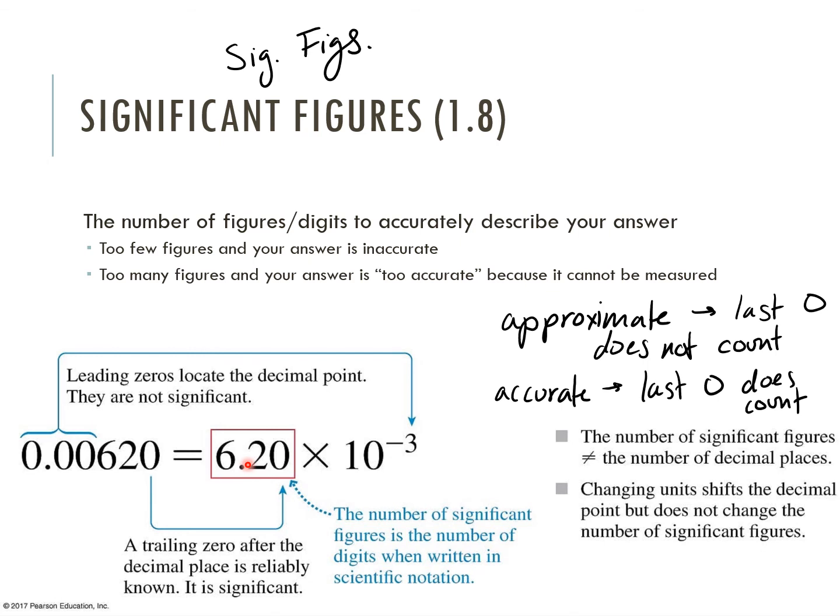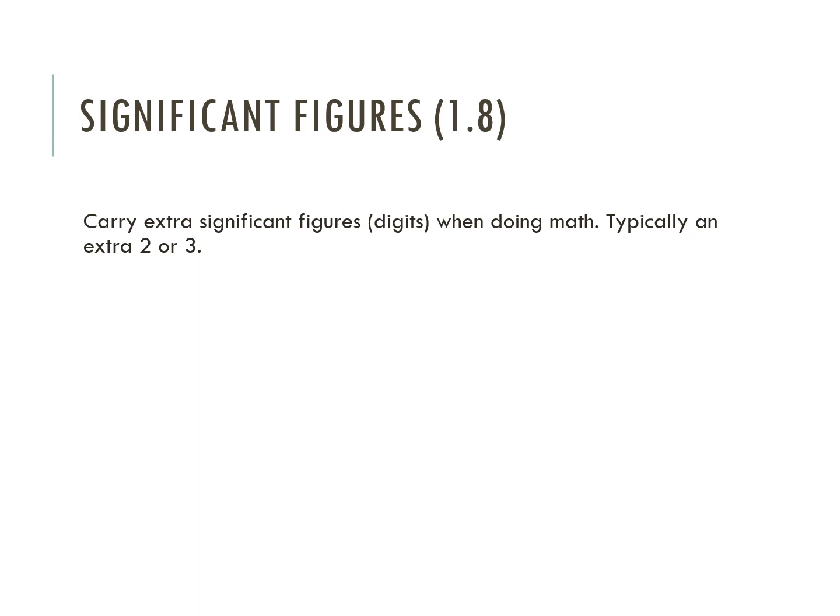And again, as we start getting into more math, in the next couple of videos I'll talk about this again and kind of how we know what's going to be important. But I just want to give you a couple of quick tips about that. So you're going to be doing math in this class.